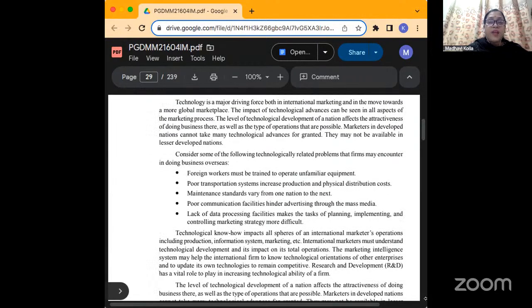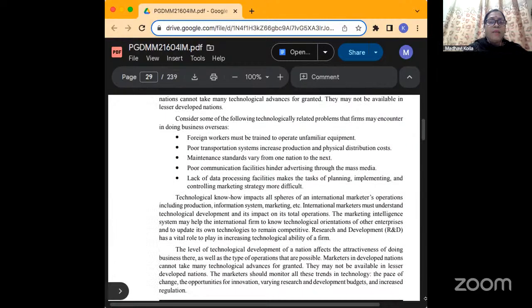Technology is a major driving force, both in international marketing and in the move towards a more global marketplace. So, advances in technology could be in terms of not only the marketing process, it could also be in multiple other ways. For example, foreign workers must be trained to operate unfamiliar equipment.